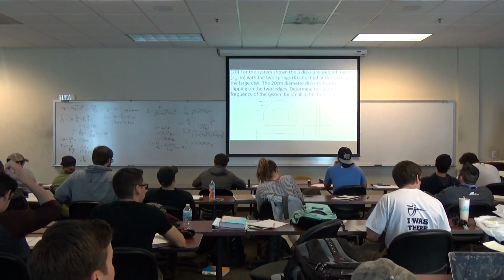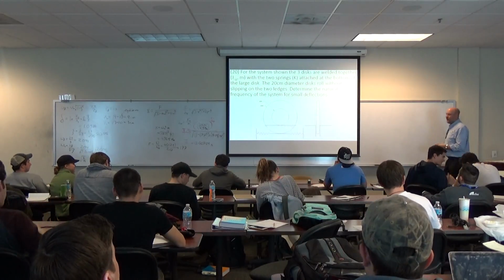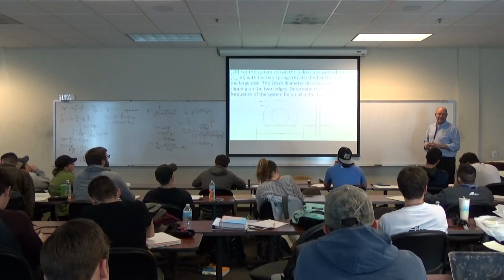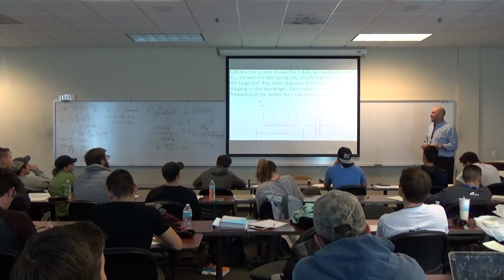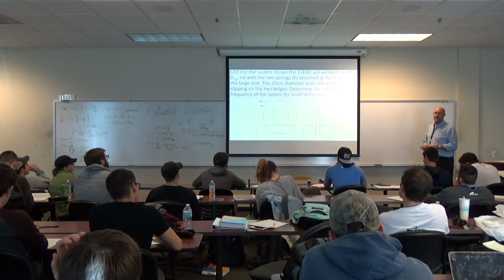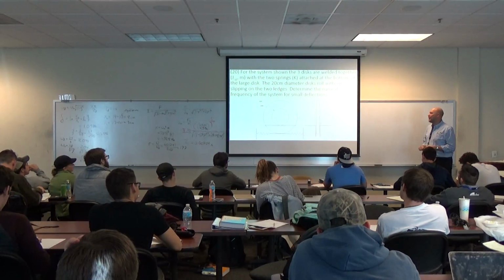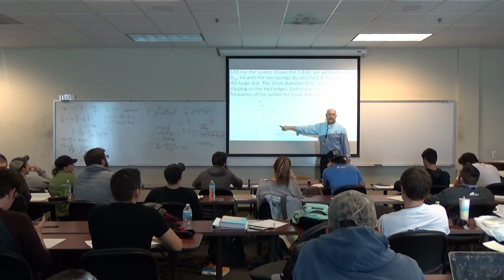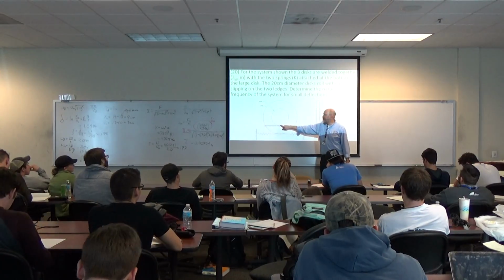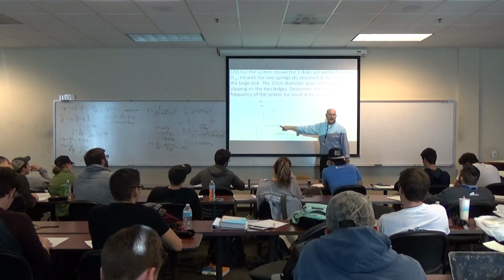Equivalent mass and equivalent stiffness. So I like M equivalent and K equivalent because then we don't have to deal with moments. We could take the sum of the moments around this point here. Why do we take the sum of the moments about here?